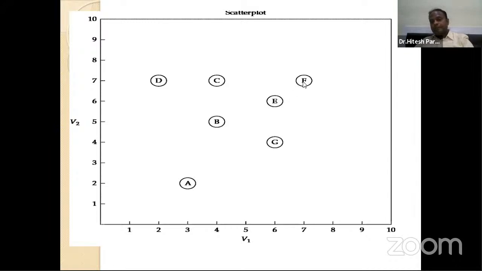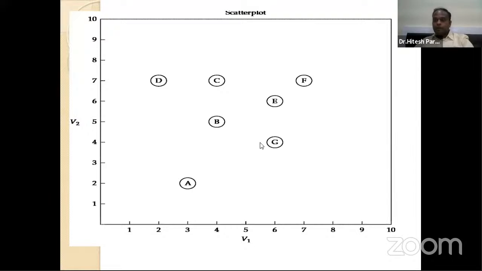If E and F are nearer to each other, it means they will have a lesser distance as compared to other objects. So the distance will definitely give the answer that these two respondents, E and F, have a similar kind of approach, so they can be clubbed together.